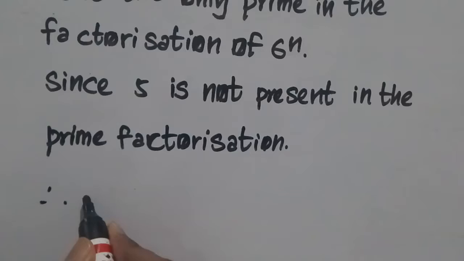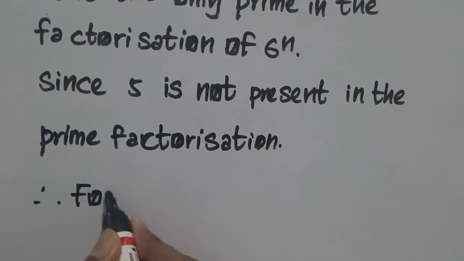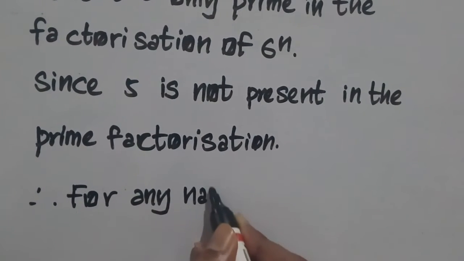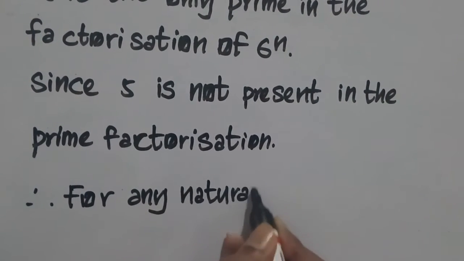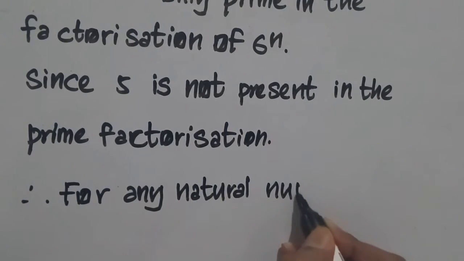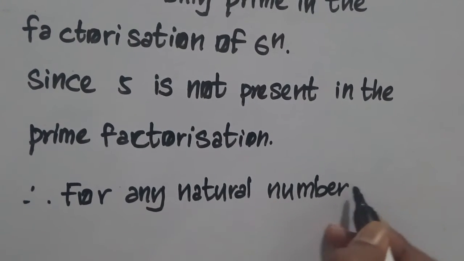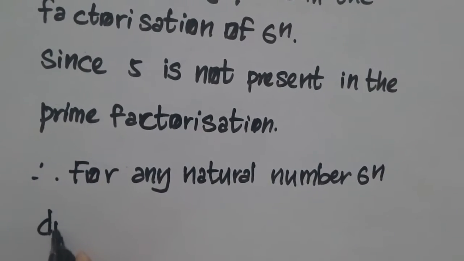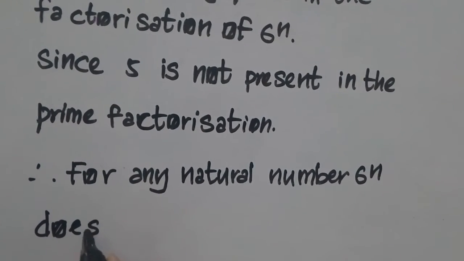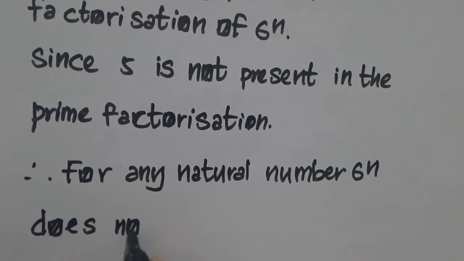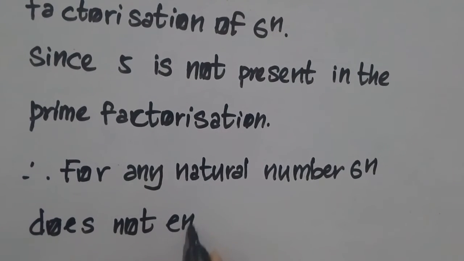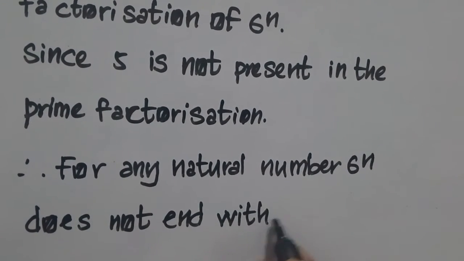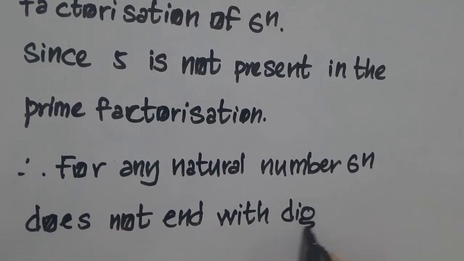therefore for any natural number n, 6 to the power of n does not end with digit 0.